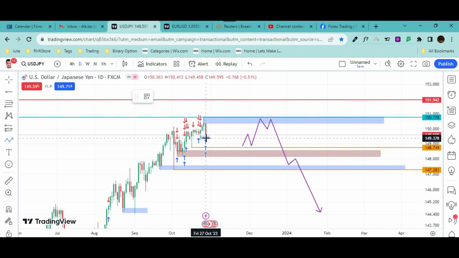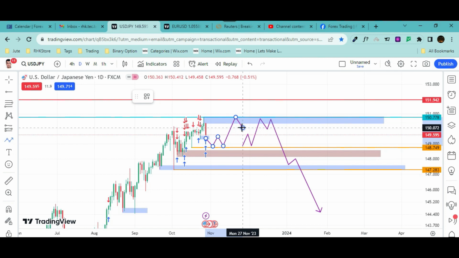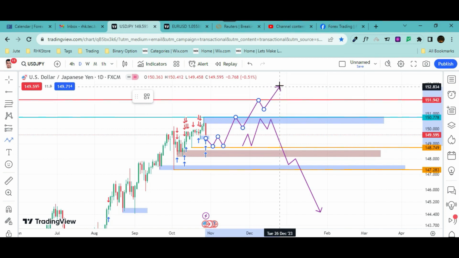It may come here, go up a little, and test. If it fails to break, then it will move here. Once it moves here, it will come down, retest, and break here. And this is the highest point so far, so it will come here and retest again, and if it breaks, it will go high.